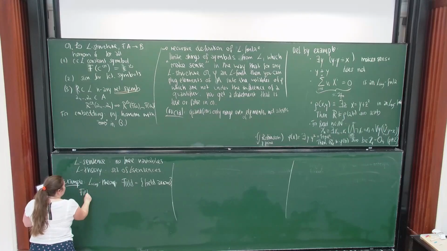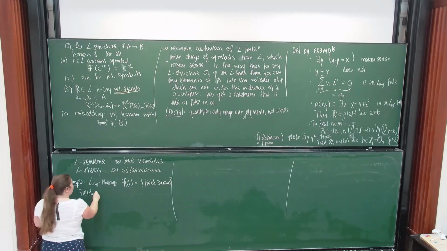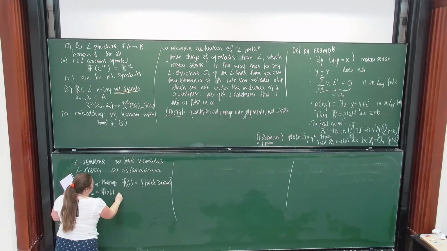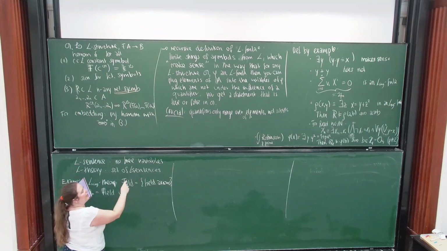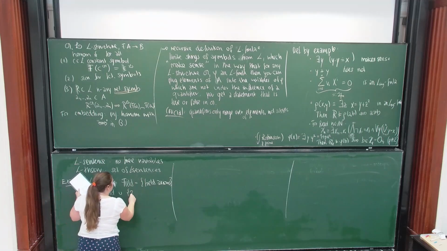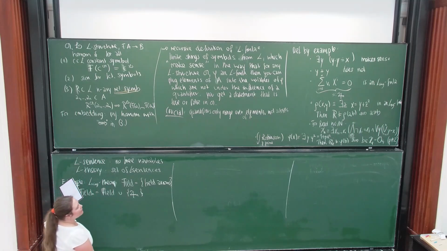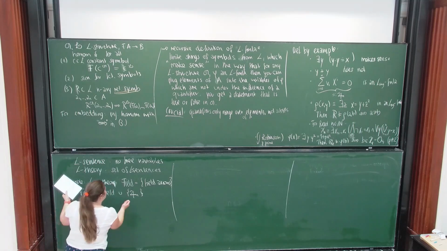Then I can look at chi-n, which says I'm a field, together with I have exactly n elements.